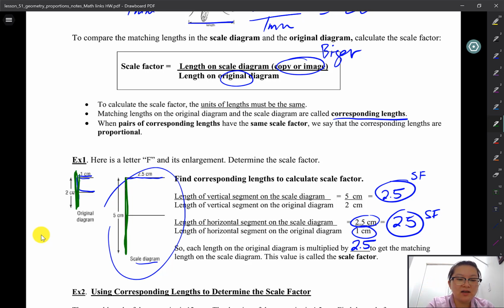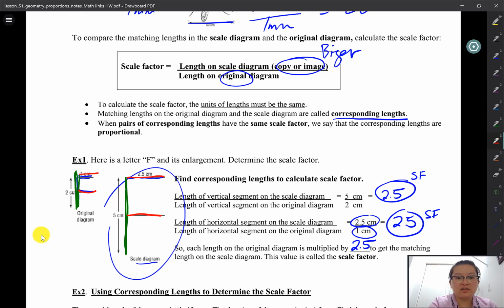If I try to scale this vertical with this horizontal, it doesn't work. 2 times 2.5 does not give me 2.5 centimeters. So those are not corresponding lengths. For my horizontal, it would be these guys over here. These are my corresponding lengths over there.